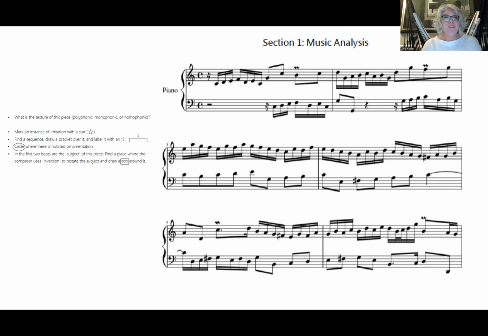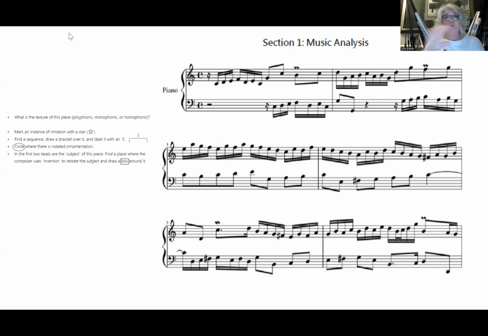Things that you're going to have to be able to do. You're going to have to be able to look at this piece and decide whether it is polyphonic, monophonic, or homophonic. Remember that polyphonic means there are different things happening at the same time.